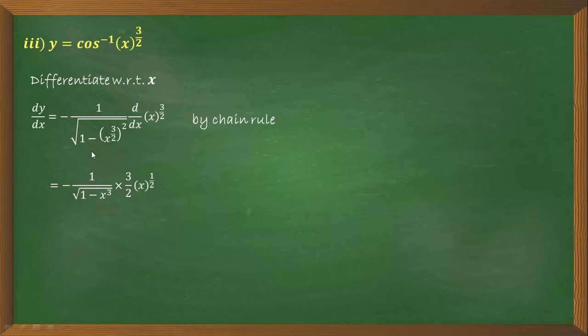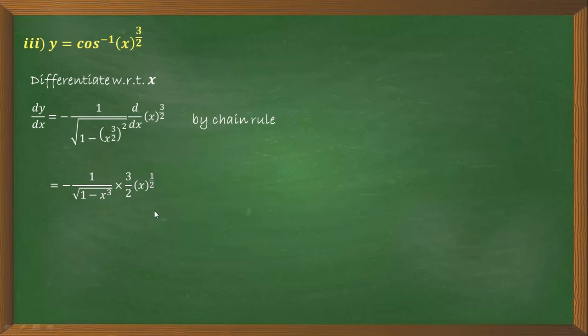So by simplifying this we get minus 1 upon under root, see here 1 minus, now x raised to 3 by 2 raised to 2 means it is just x cube, into what is the derivative of x raised to 3 by 2, see here, it is 3 by 2 into x raised to 3 by 2 minus 1. 3 by 2 minus 1 we get 1 by 2.